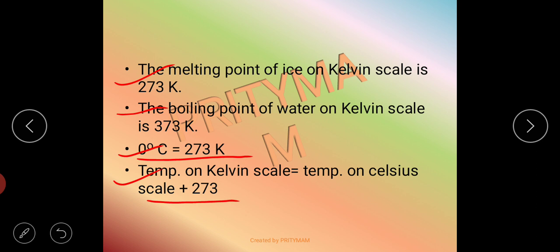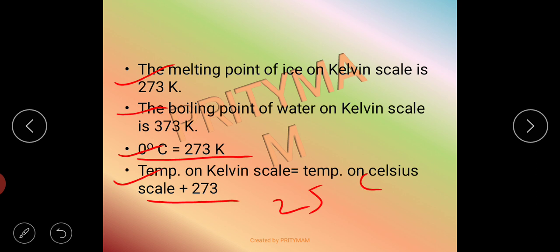We should also remember that the above relation I told you, the relation between the Kelvin and the Celsius, will be used to solve numerical problems also. Let us take one example. We are going to convert a temperature of 25 degrees Celsius into the Kelvin scale.